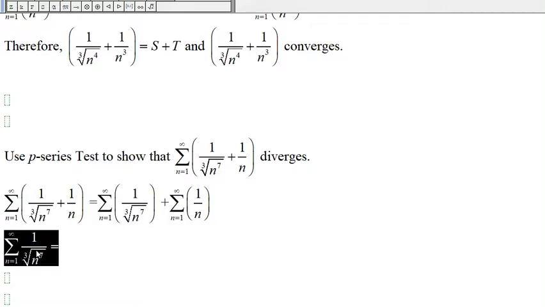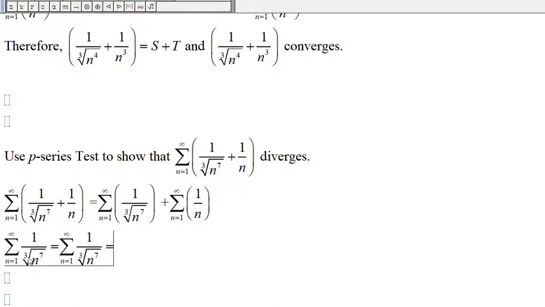This series, this expression right here, we can rewrite using rational exponent, and so we have exponent 7/3.